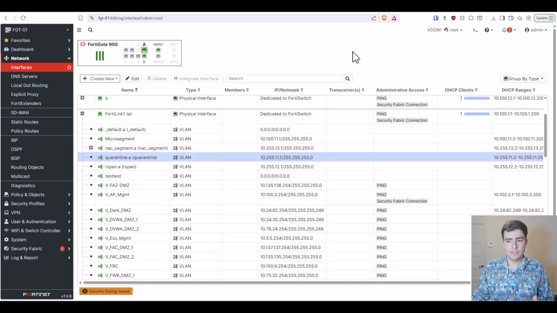So that's my goal when I build a firewall. And that's where the idea is coming from, of having servers in individual VLANs. Yes, it's more work, but the benefits are there.